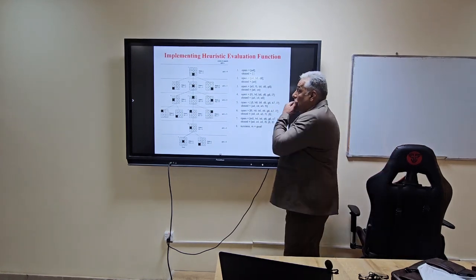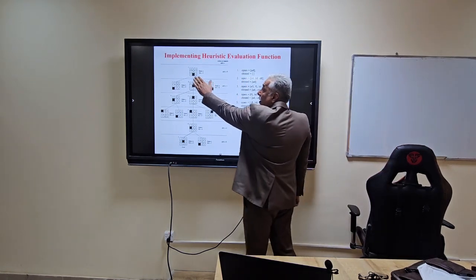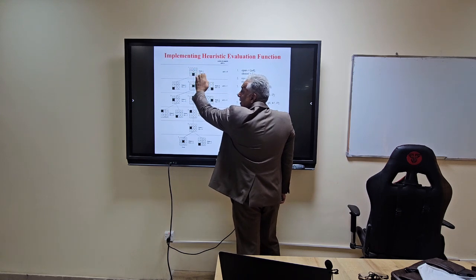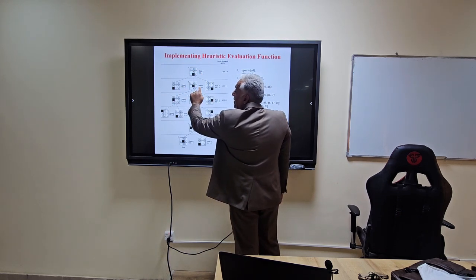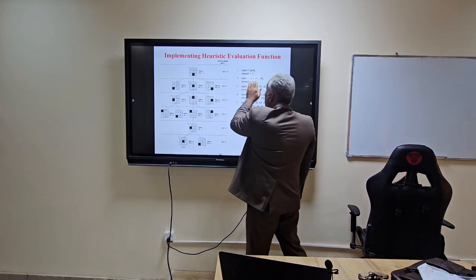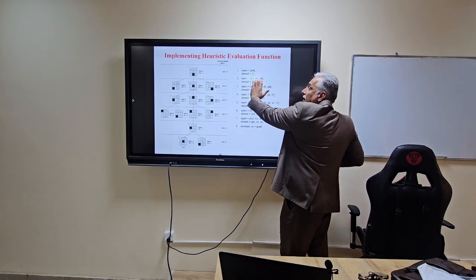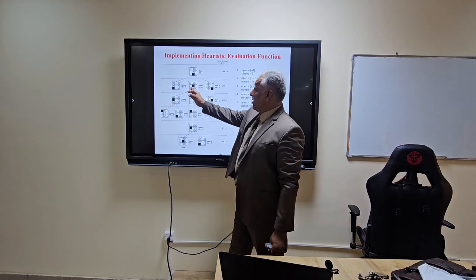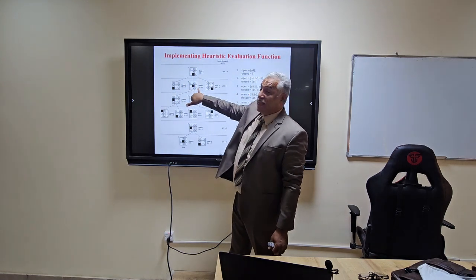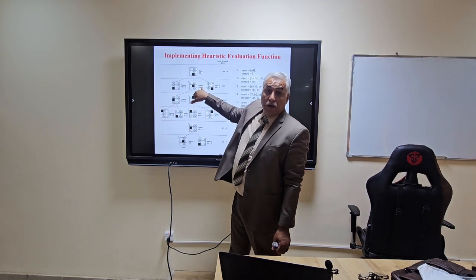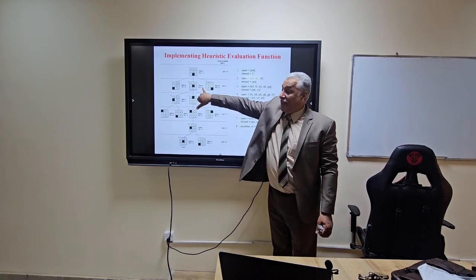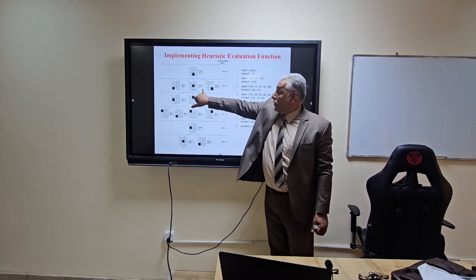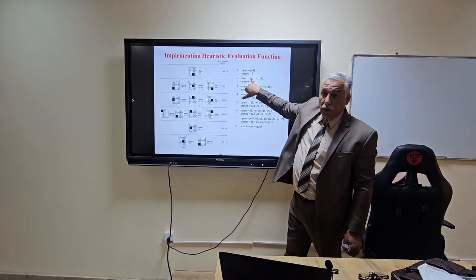Now open will have the children of A, which are B, C, D. But I arrange them according to their evaluation function. The first one will be C because it has the fewest value, 4, put in the first location, C4.